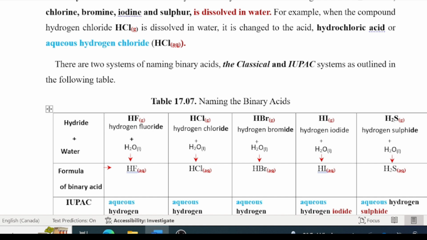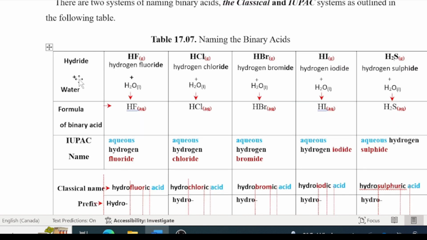Now these all by themselves are neutral without the presence of water. But when you dissolve these in water, they now become acidic. And look what is happening here. I deliberately put G to indicate their state, they're gaseous.